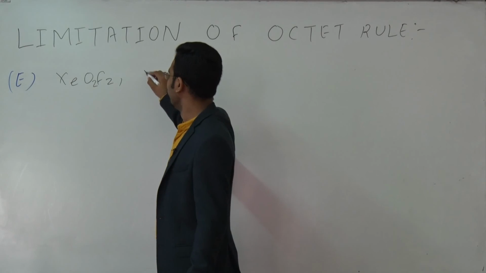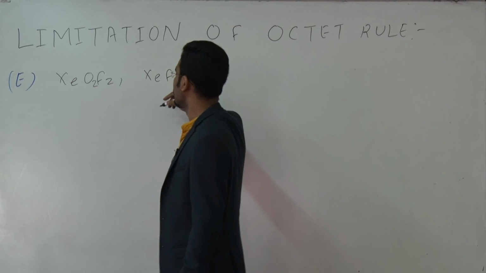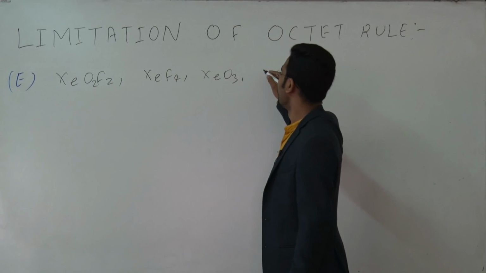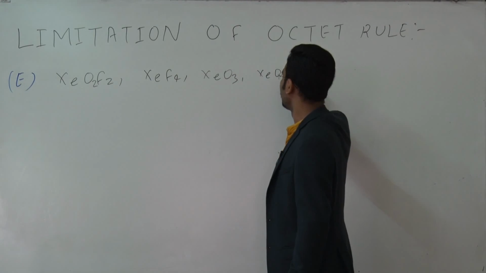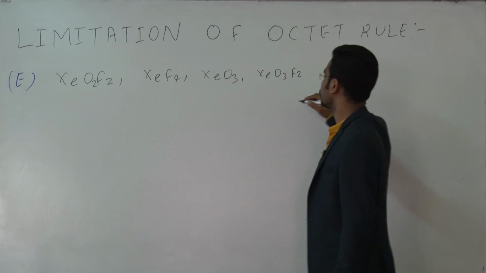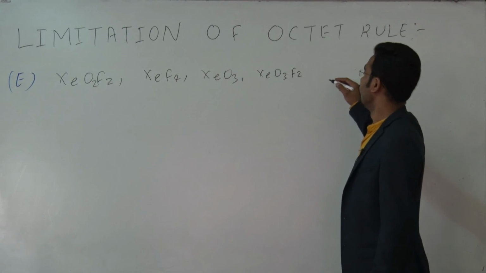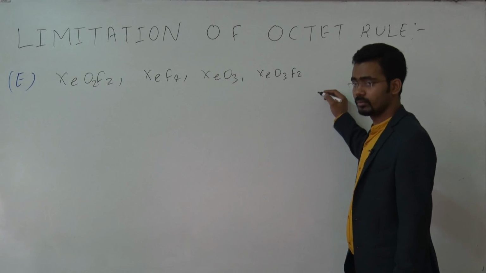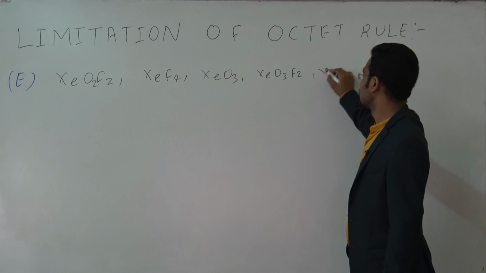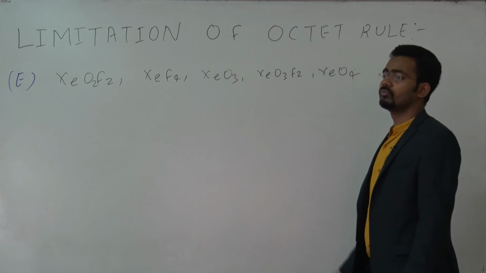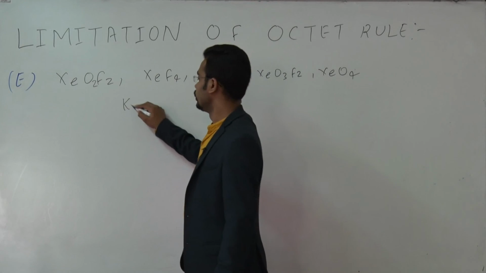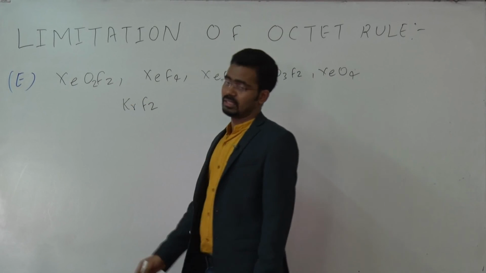So XeOF2, XeF4, XeO3, XeO3F2, Xe... it does not exist, but you can draw it, no problem. XeO4, you can form. Another is krypton, KrF2.